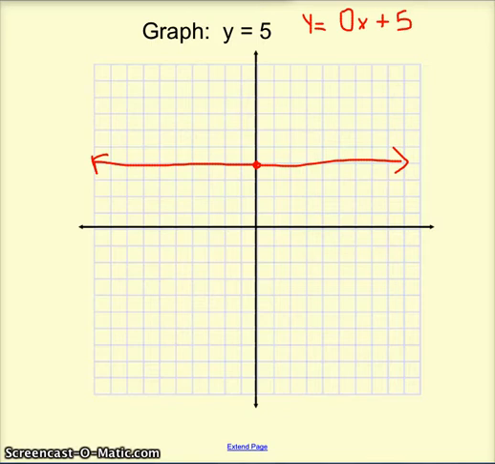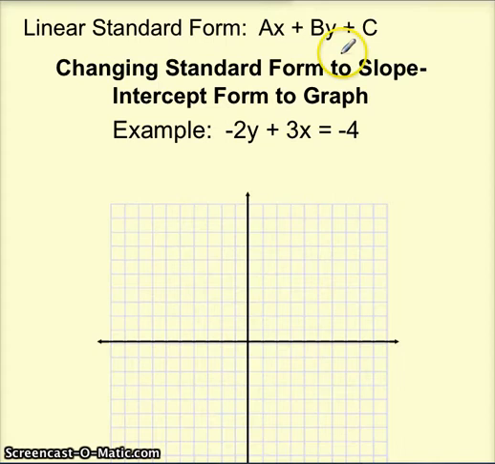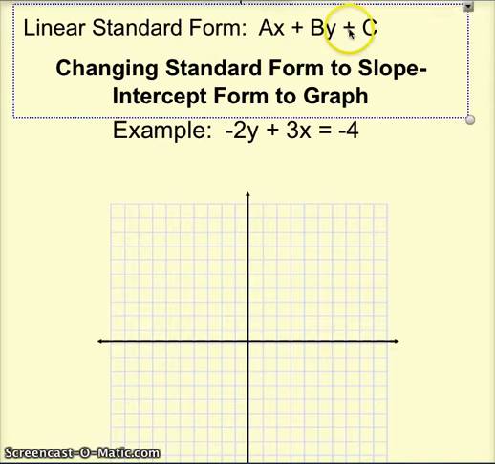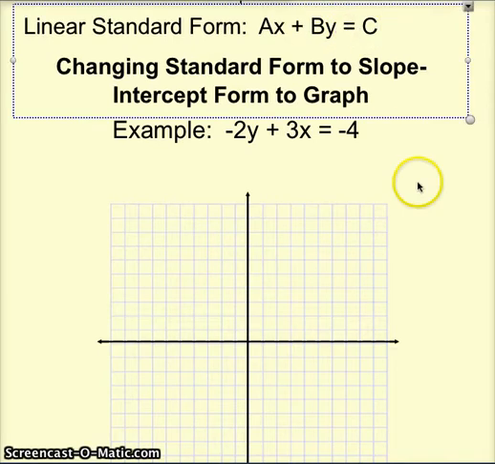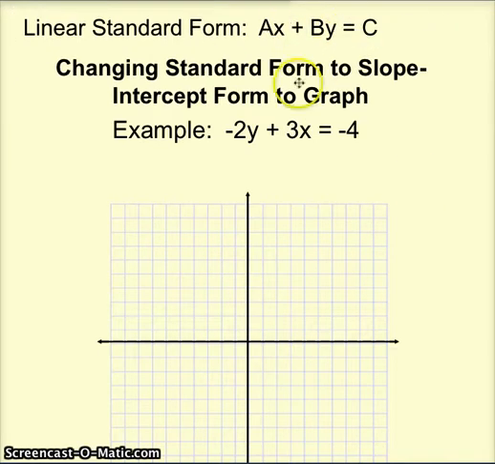Okay, now we're going to look at what to do when our equation is not written in slope-intercept form. So sometimes it's written in standard form, which is ax plus by. Oops, and I have a little mistake here. I should say ax plus by equals c.